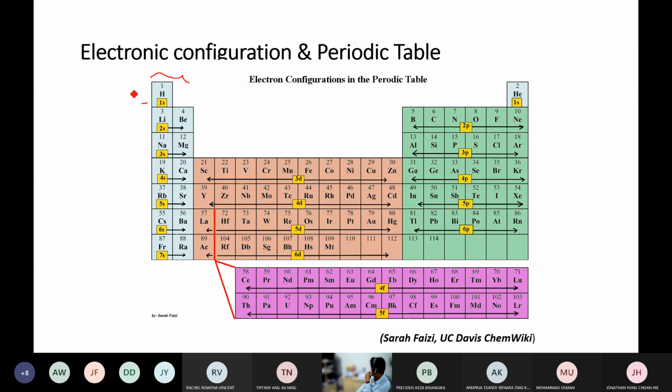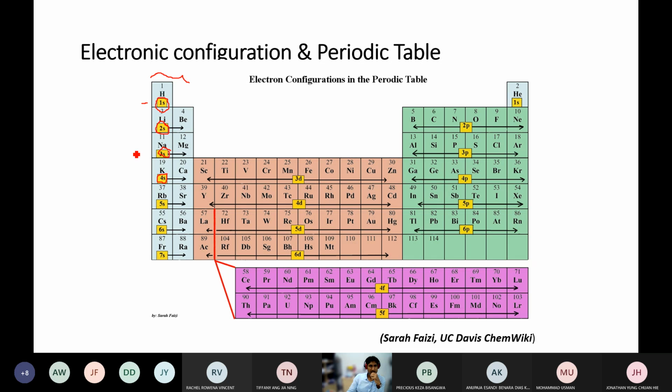So this is group 1. In group 1, there is hydrogen, lithium, sodium, potassium, rubidium, cesium, and francium. All of them have an available s orbital at the end; the electron can be found in the s orbital at the last one.